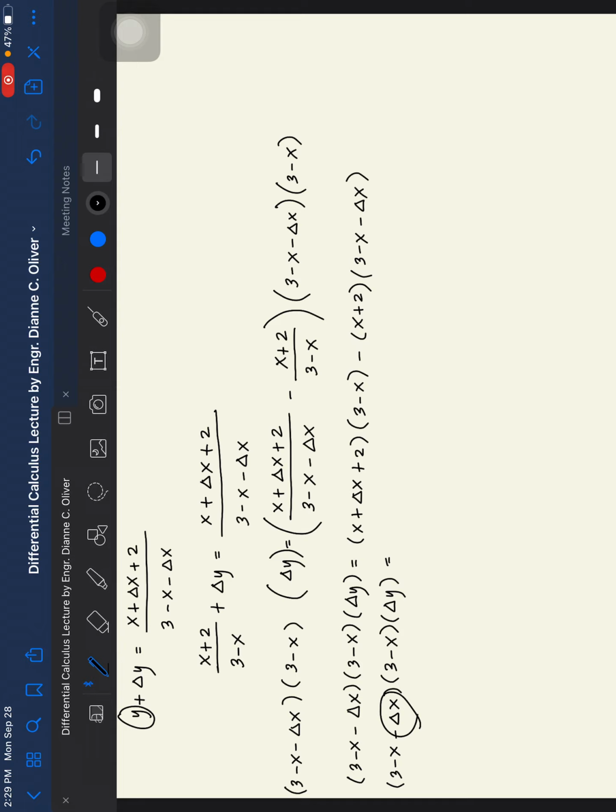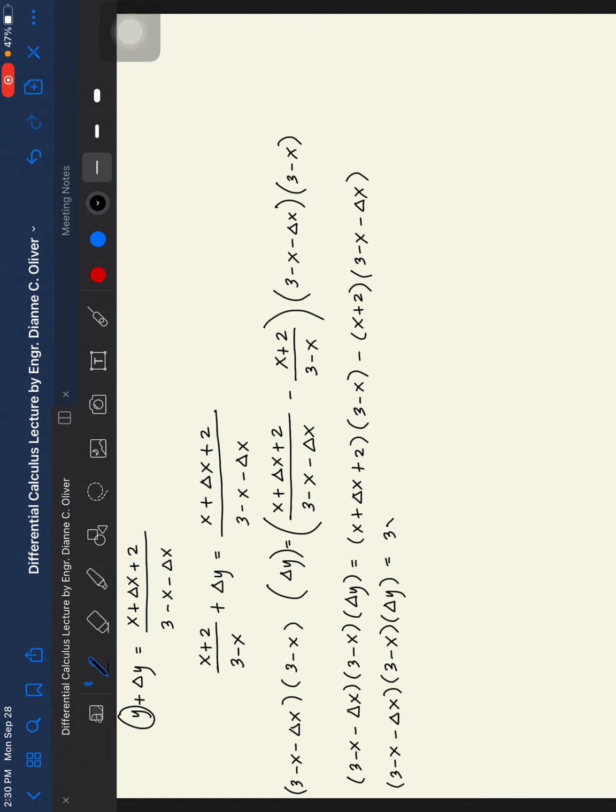If you have been observing from our previous examples, delta x has always been substituted with 0. So what is 3 multiplied here?